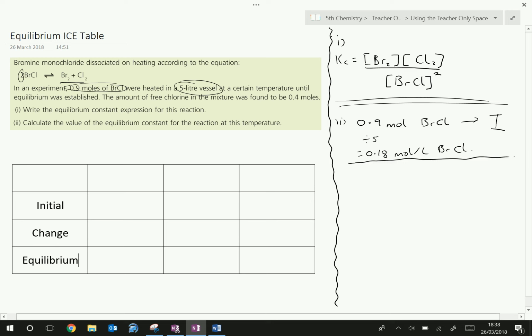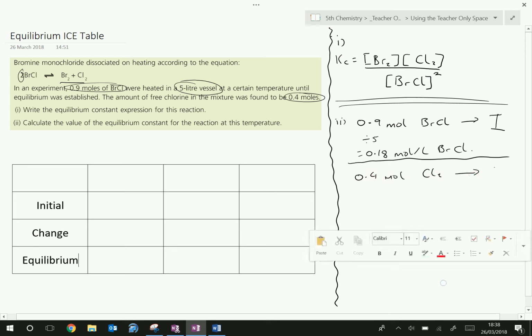The next one we have is, until equilibrium was established, the amount of free chlorine in the mixture was found to be 0.4 moles. So that's 0.4 moles of chlorine, Cl2. That's after equilibrium was established, so that is an equilibrium value, not an initial value.